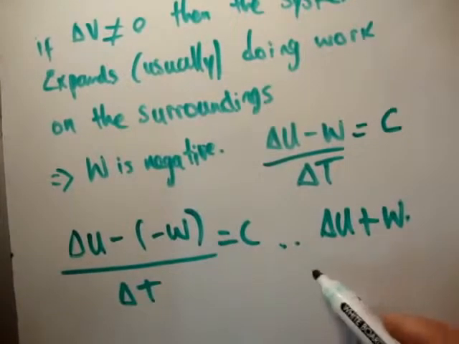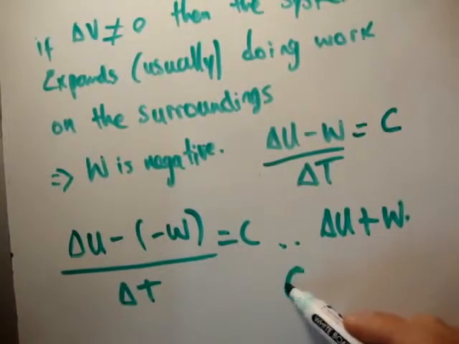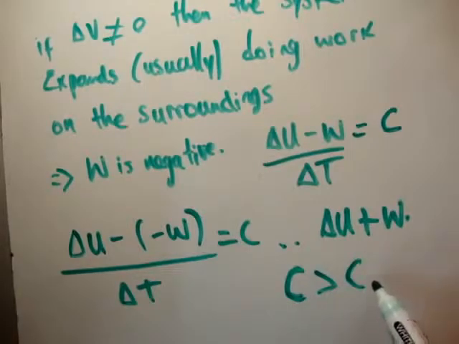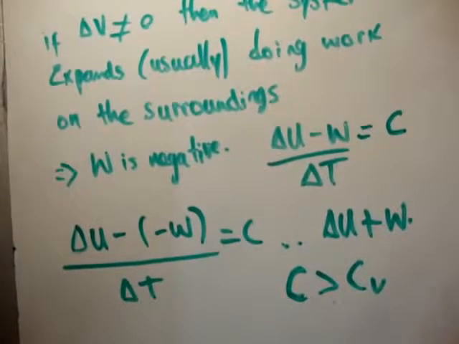So what we see in this case is that the specific heat is greater than the specific heat at constant volume. So when you actually do work, or when the work is negative, or when it's expanding, the specific heat is greater than when it is at constant volume. So when the change in volume is not 0, when it's not isochoric, then you're going to be doing some sort of work.